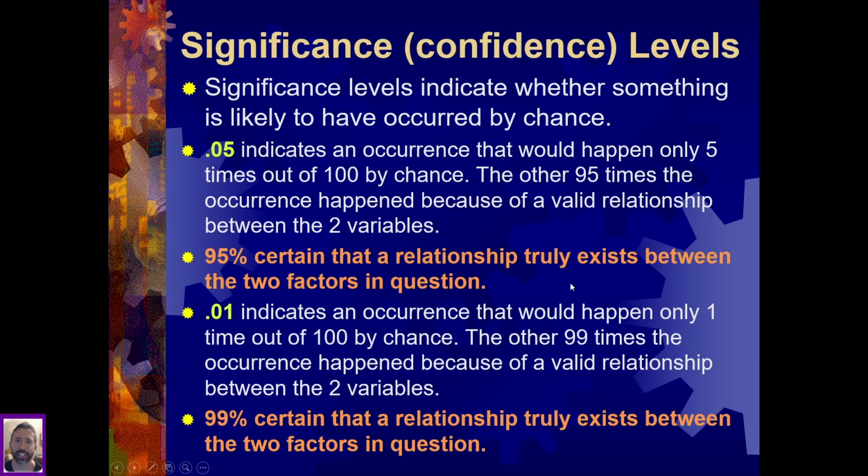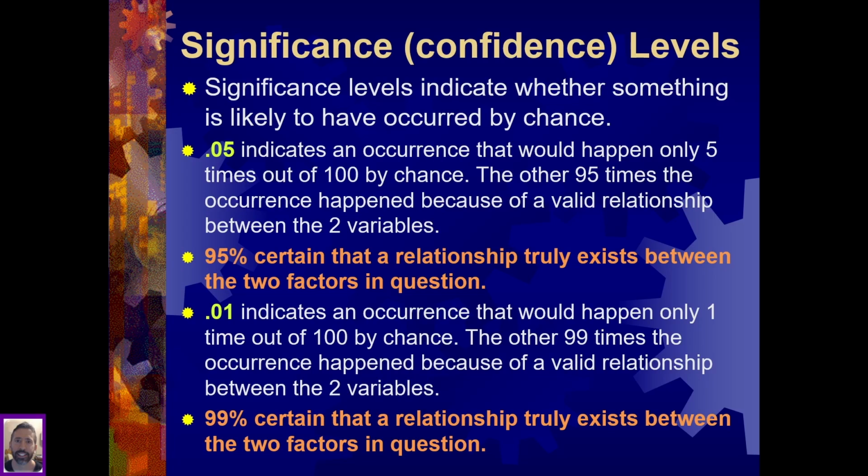So let's keep going. Now, these confidence levels are also known as alpha levels. What does this 0.05, this 0.01 mean? 0.05 basically indicates that an occurrence would happen only 5 times out of 100 by chance. 95 times out of 100, this occurrence would happen because there really was a relationship between these two variables.